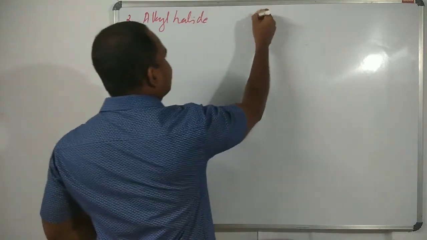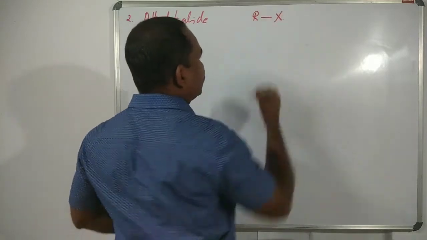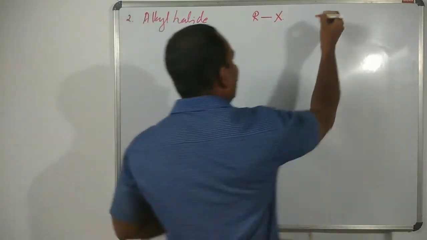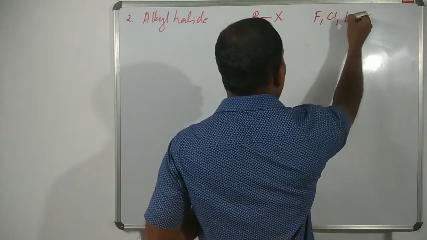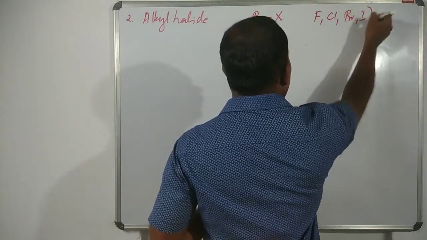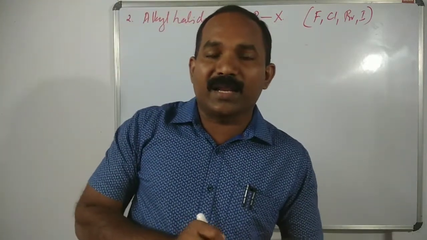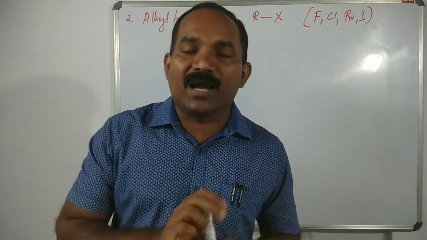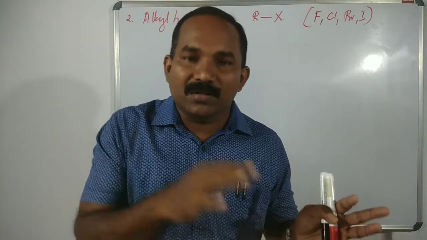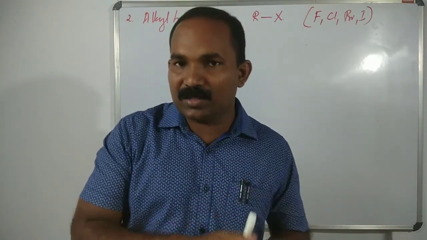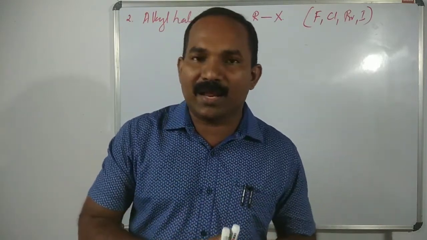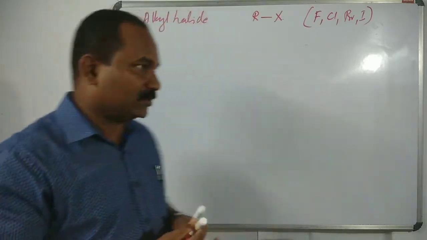Alkyl halides means an alkyl group and a halogen. Halogens are fluorine, chlorine, bromine, iodine. What are alkyl halides? Alkyl halides means a halogen is attached to an alkyl group. It is called alkyl halide or haloalkane.